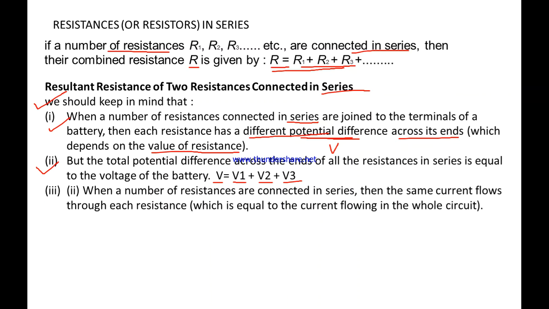The sum of all these must be equal to the potential of our battery. Now let's see the third point. When a number of resistances are connected in series, the same current flows through them, or you can say through each resistance the same value of current will be flowing.